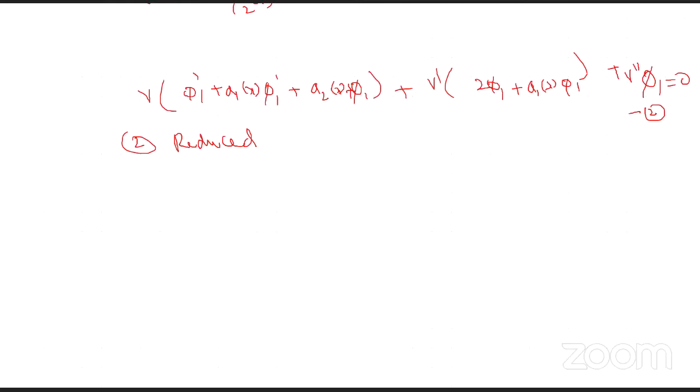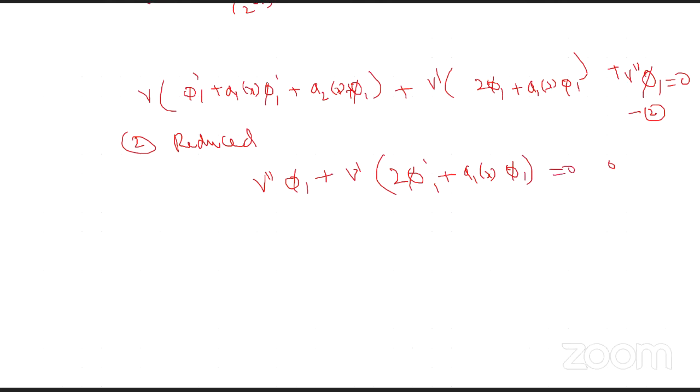v double dash pi 1 plus v dash times 2 pi 1 dash plus a1x pi 1 equal to 0.